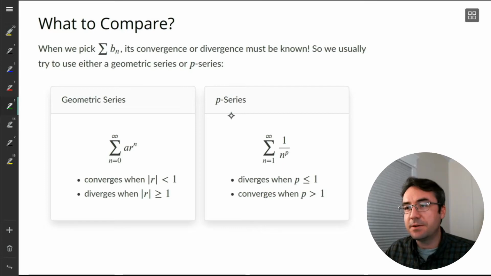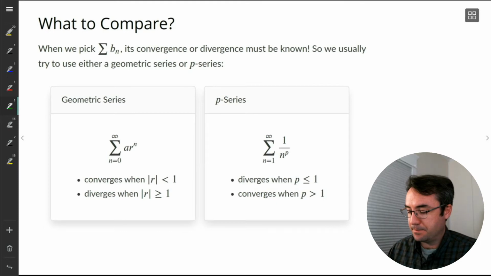And then for our p-series, it's the opposite. It diverges when p is less than or equal to 1, but converges when p is greater than 1. Geometric series are related to exponential functions. P-series are related to power functions. Again, we have n raised to some constant power p. It's helpful to remember these two types because these are the ones that, for the most part, we're going to be relying on. These are going to be our comparables.